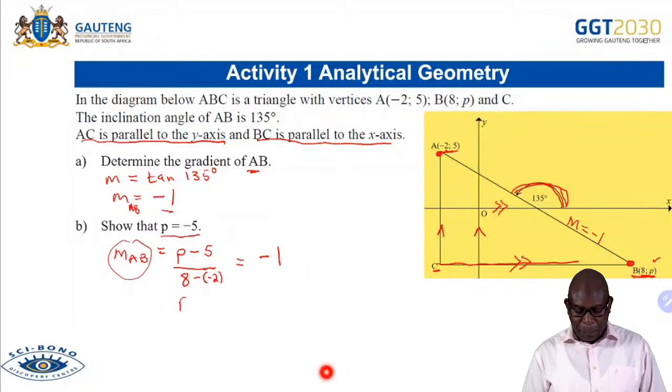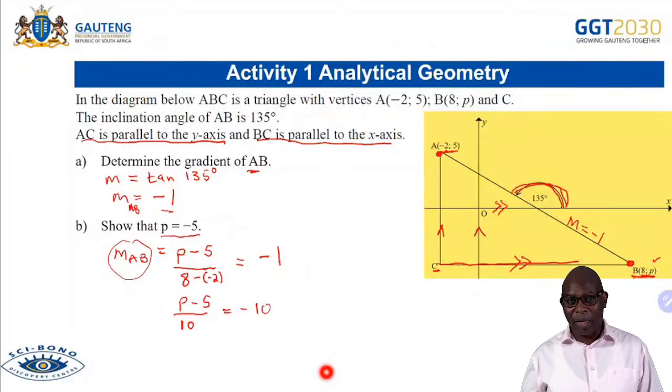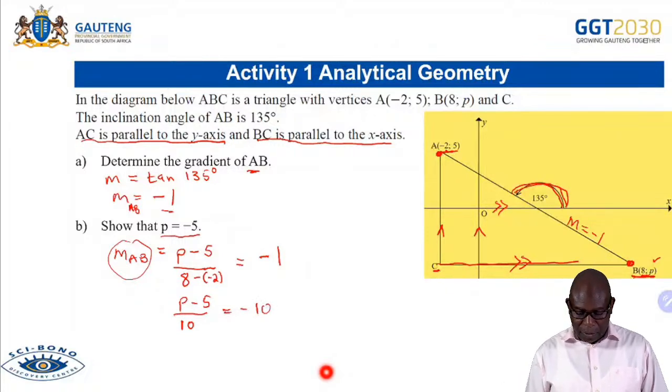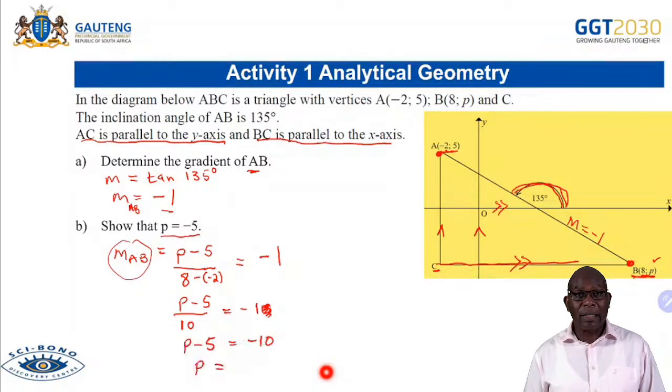So then I can have P minus 5 all over 8 plus 2, which is 10, equals -1. I already know the answer, so I'm working towards the answer. Right, so 10 times -1 gives P minus 5 equals -10. Transpose the -5 to that side, then P will be -10 plus 5, which gives us -5. So that is what I was requested to show, that P is -5.